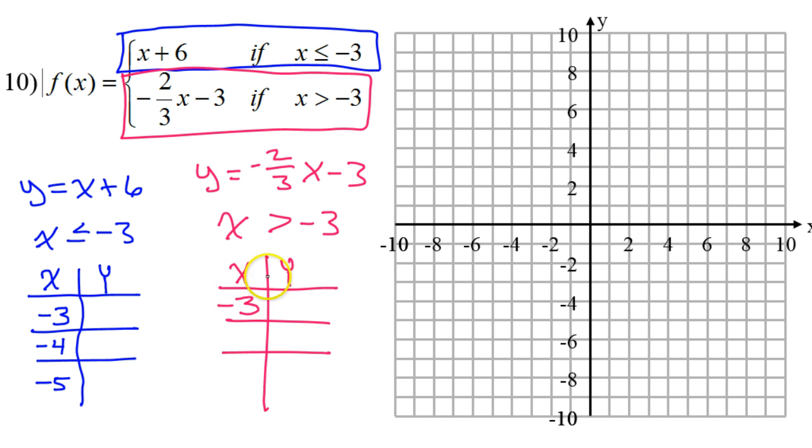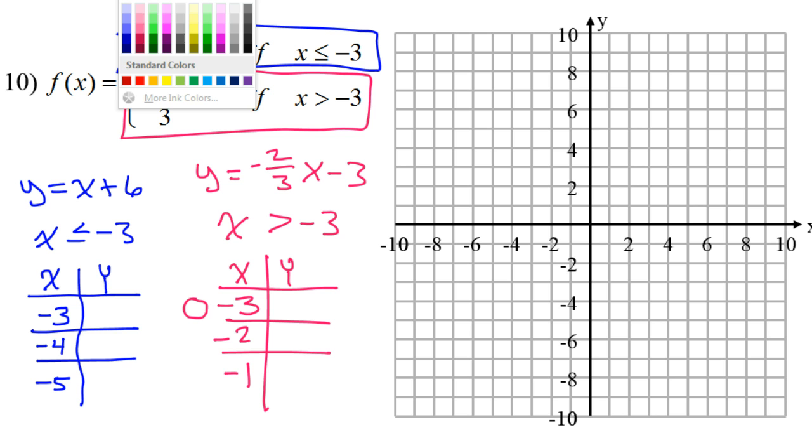I'm going to show that this point itself is not included by making it an open circle. This will be an open circle, but I still need it. Don't start at -2, start at -3. And then sure, values that are greater than -3 would be -2 and -1.